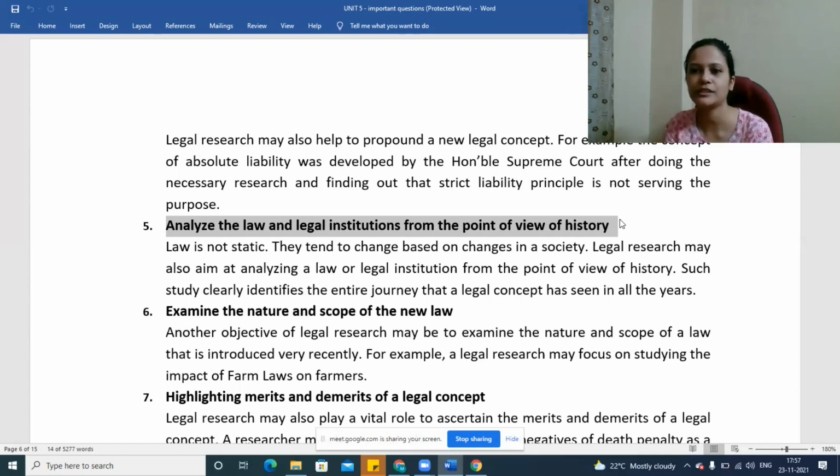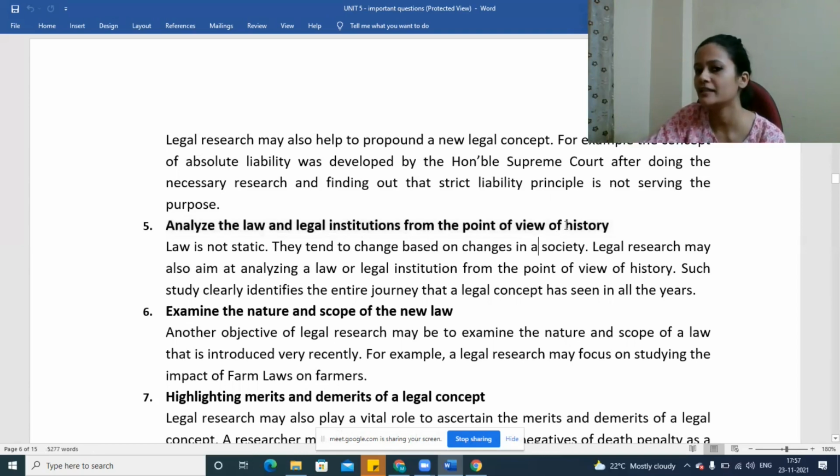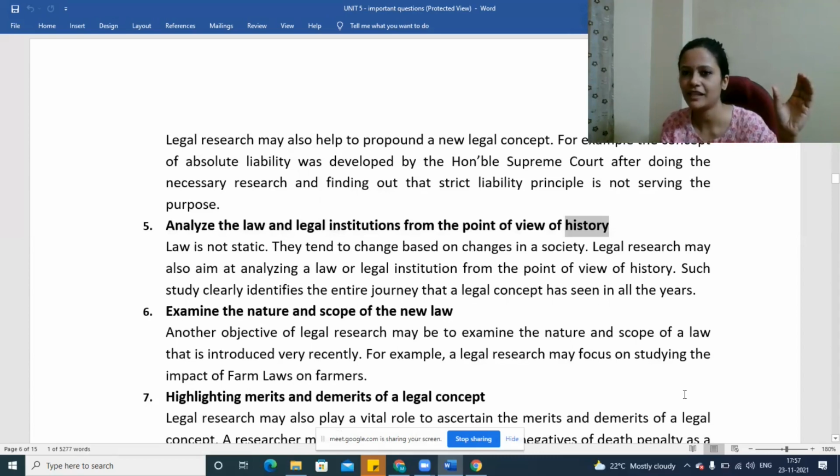It has not happened overnight. It is the result of a lot of landmark cases that the Supreme Court decided. So there you can do legal research to understand the history of Article 368: in 1950, how it started, what idea the drafters of the Constitution had at that point in time.